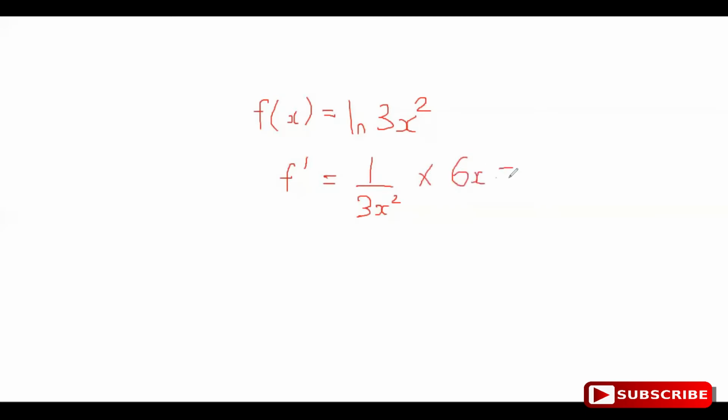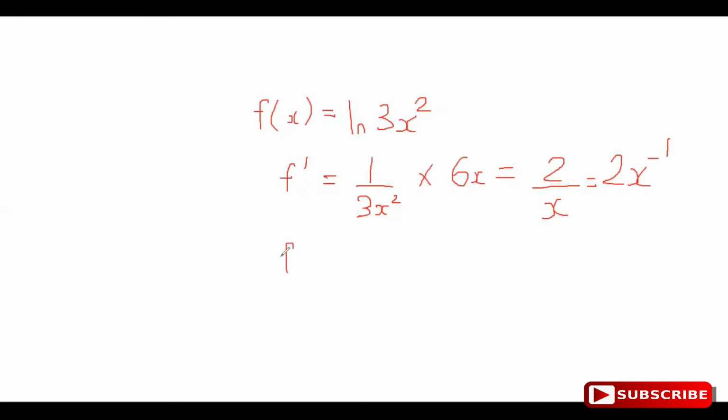And so that simplifies: this 3 cancels out a 3 from here, and what we get is 2 in the numerator, because 6 over 3 is 2. X in the numerator divided by x squared is just 2 over x. We can write that as 2 times x to the negative 1. So that's f prime of x.